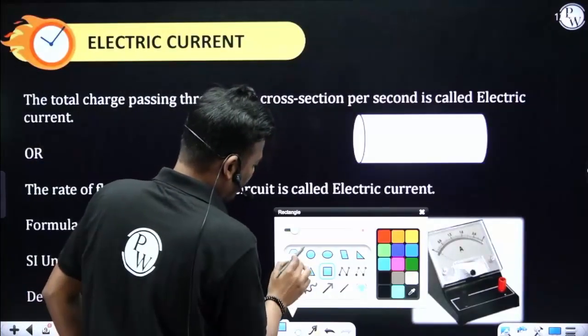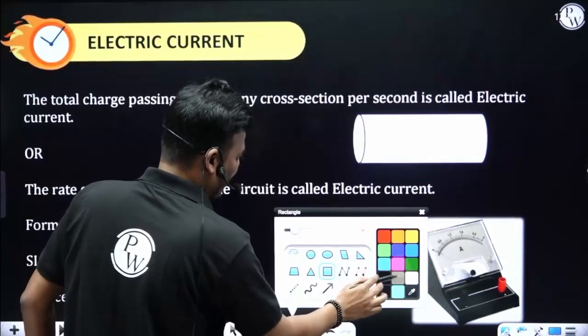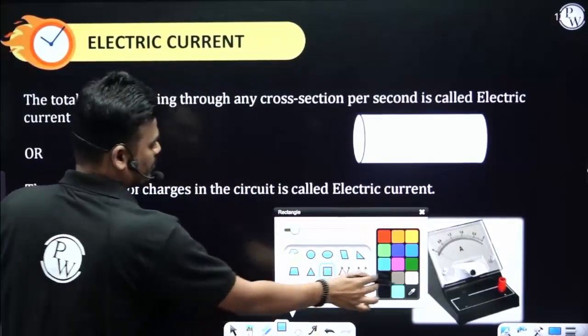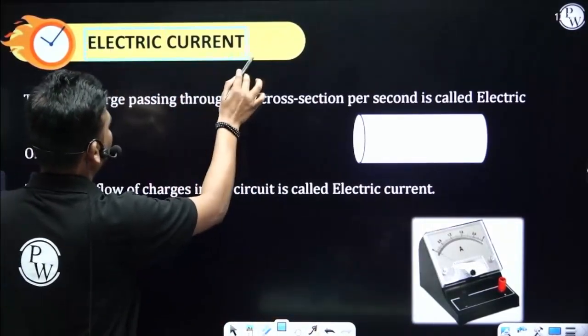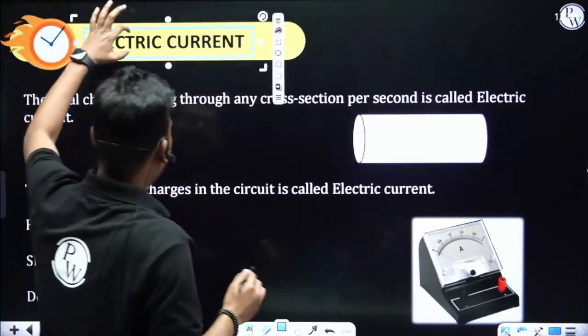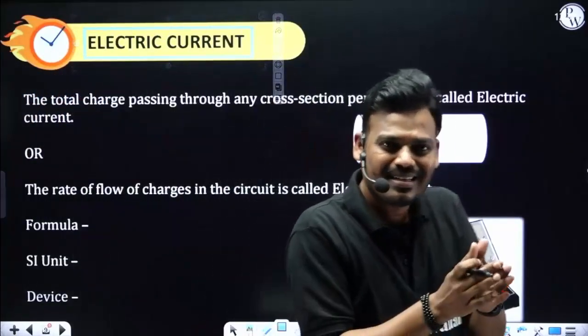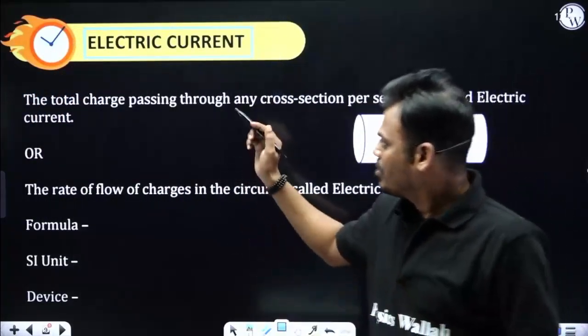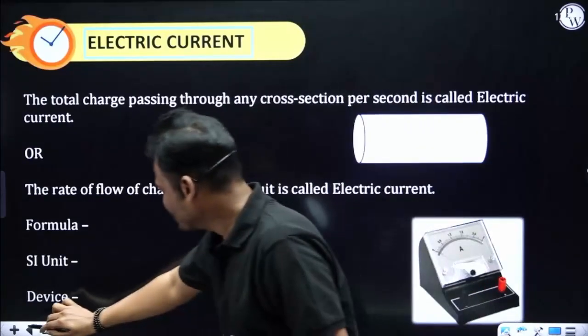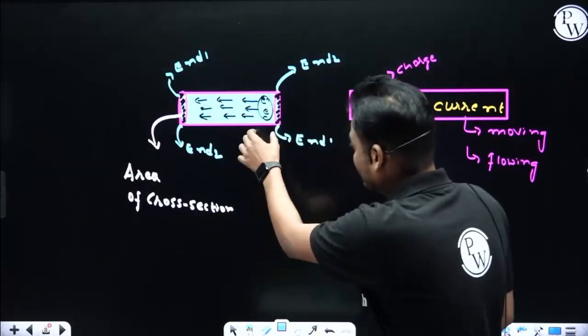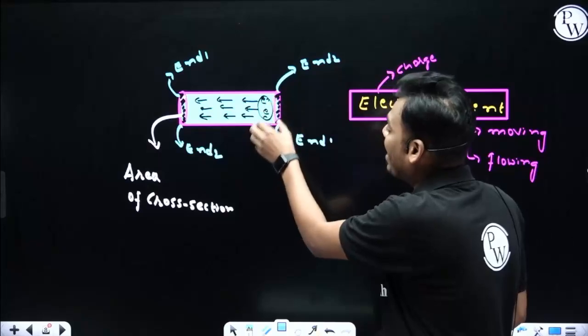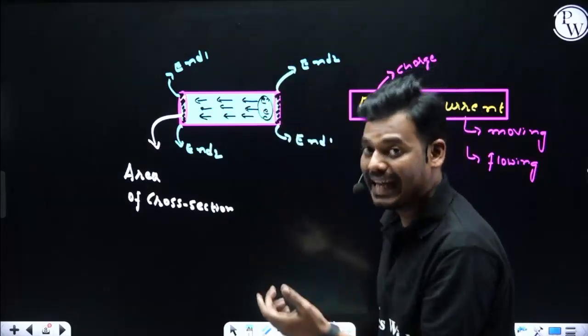First topic in electricity, that is electric current. Already we know that: charge flowing. But in detail, let's define it. Here, how many charges have I considered? Three charges, to understand. That is the three electrons.